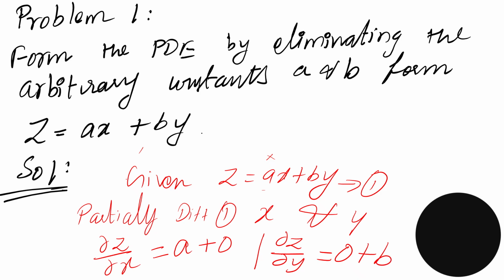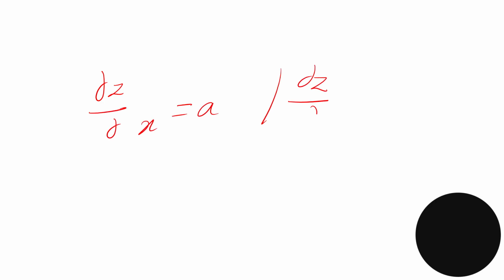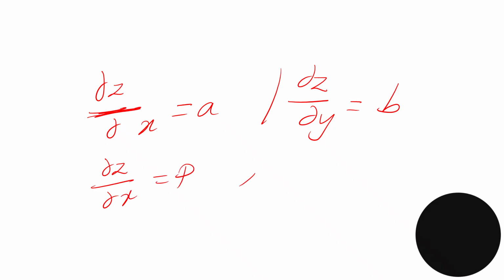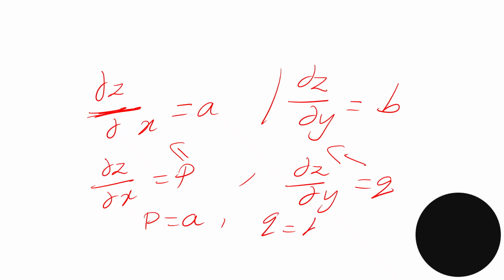So dou z by dou x equal to a, dou z by dou y equal to b. As per the notation, dou z by dou x equal to p, and dou z by dou y equal to q. So p equal to a, q equal to b.